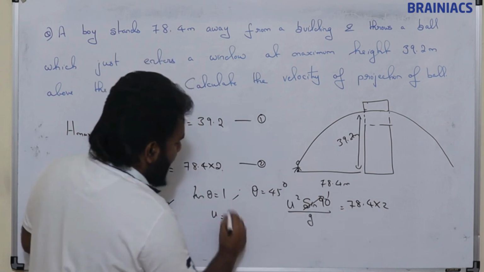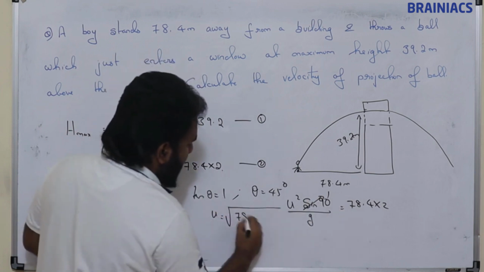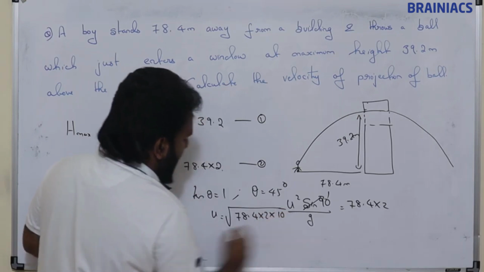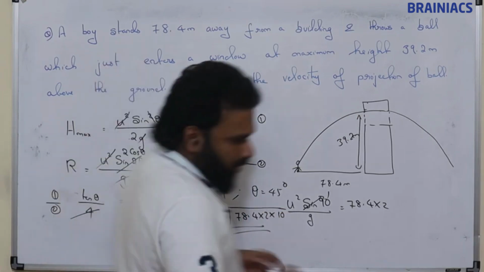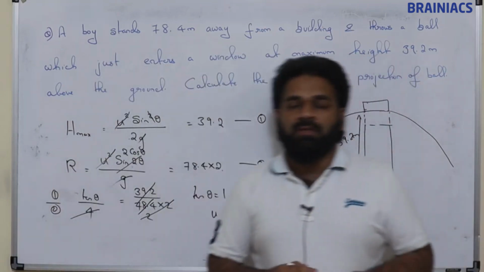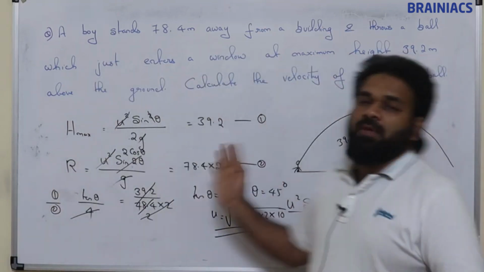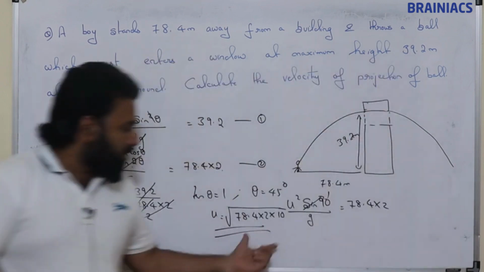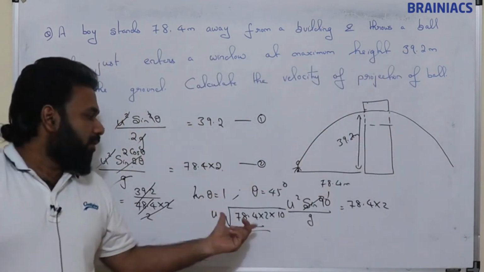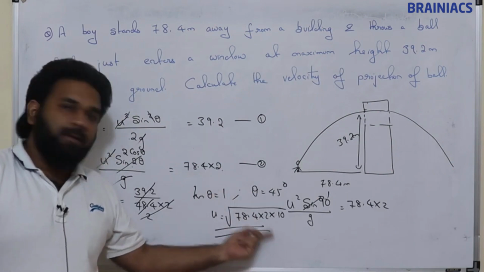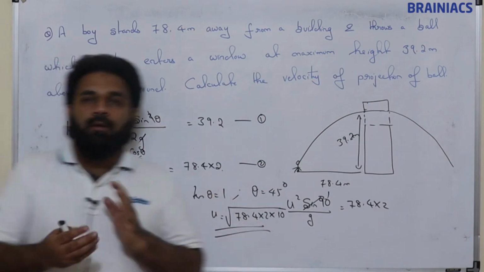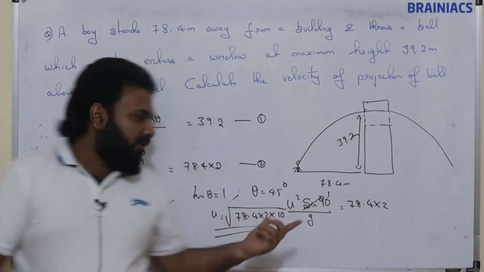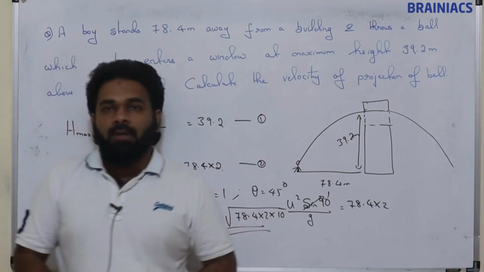So u is nothing but the root of 78.4 into 2 into 10. So this is the answer. Need not solve this, just for understanding purposes we are doing this problem. We are not practicing calculation here. Concept, just follow the concept. Maybe this will be in an easy form, so that we get the root directly, and in that way this answer will come, right?